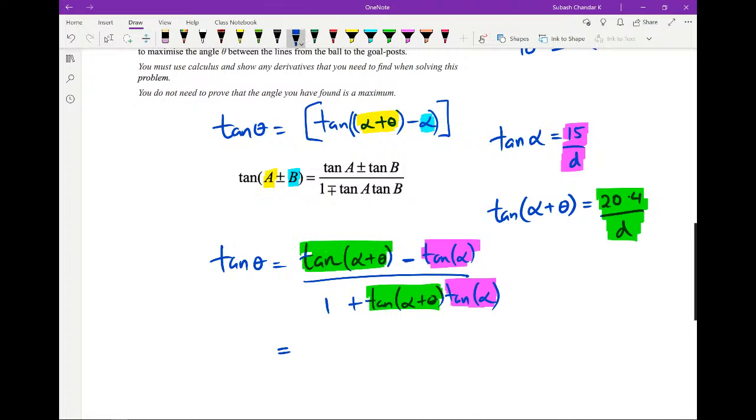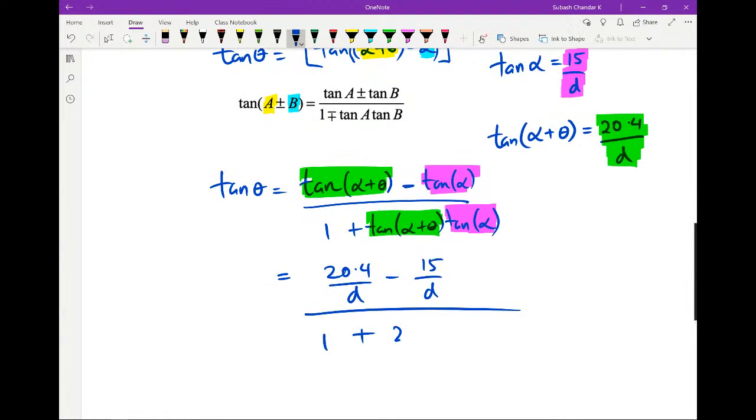So then we can rewrite this as 20.4 over d minus 15 over d divided by 1 plus 20.4 over d multiplied by 15 over d.